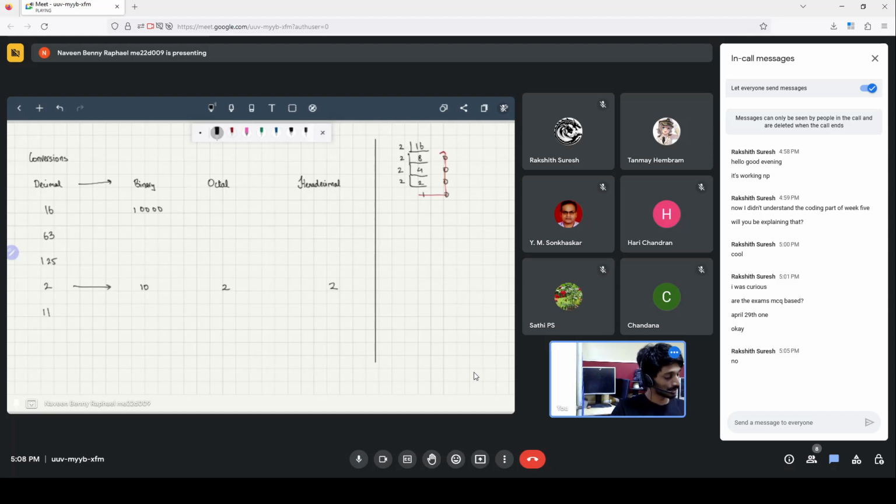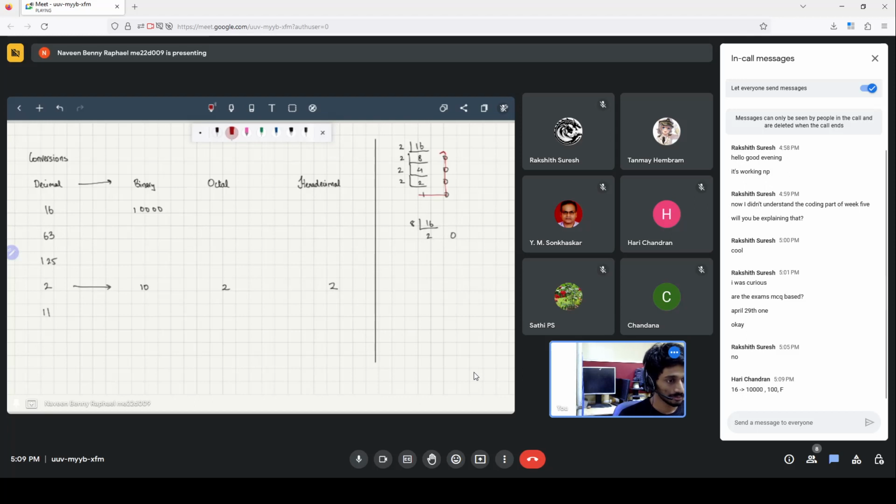We can use the same method to find 16 in octal. Instead of dividing by 2, we divide by 8. So 16 divided by 8 is 2, remainder 0. That means 16 in octal is 20.